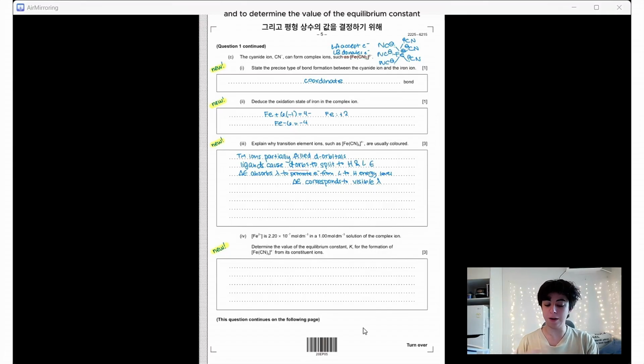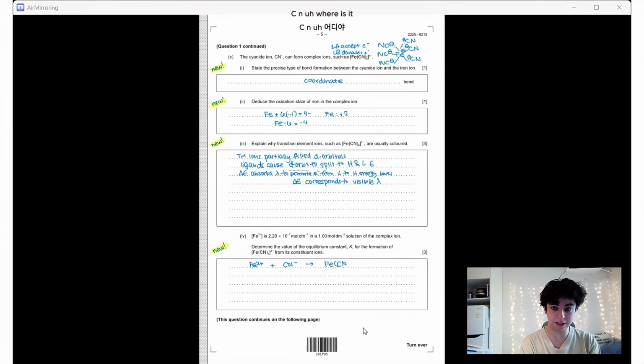And to determine the value of the equilibrium constant for the formation, we want to write out the equation for the formation of the ion. We have our Fe2+ plus our cyanide ions forming our Fe(CN)6 4-.